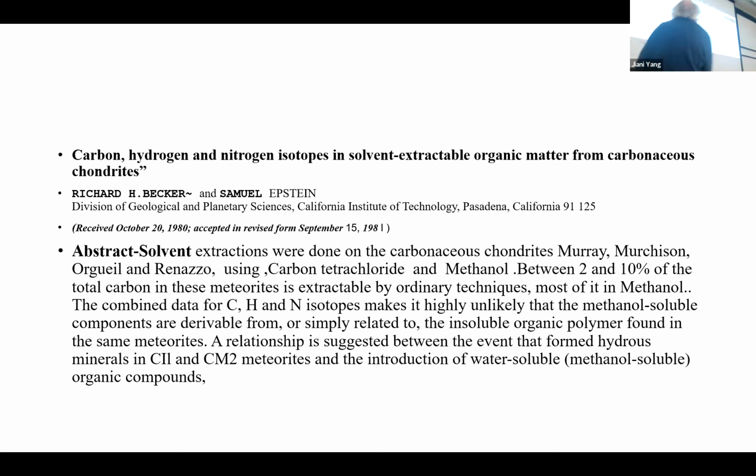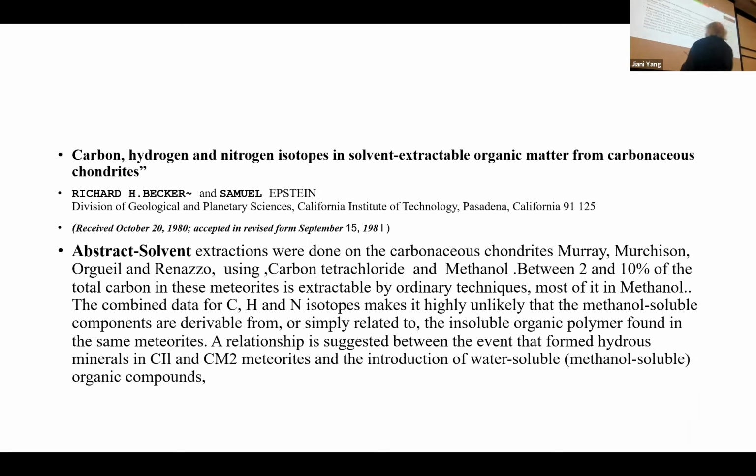They used carbon tetrachloride and methanol and or water to extract the soluble material on the carbon. And they looked at isotopes, et cetera, but here's the key point, and this was also found at NASA Ames when I was there by Bunch and Chang.